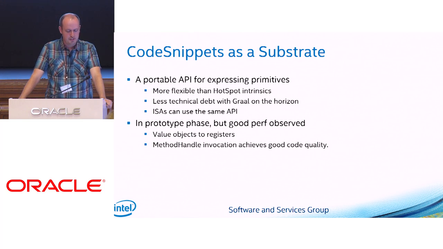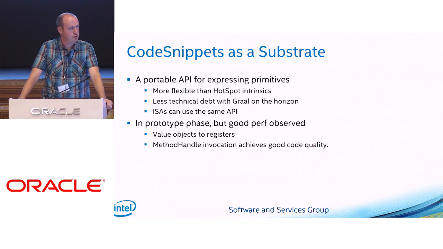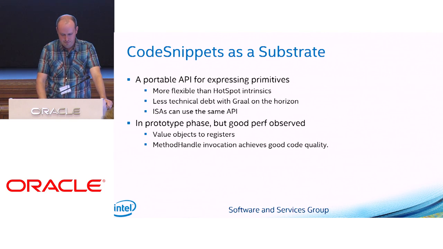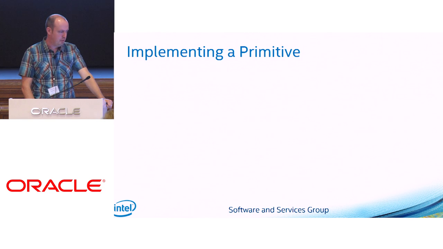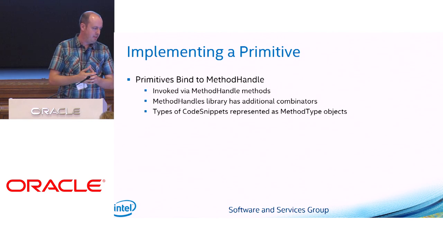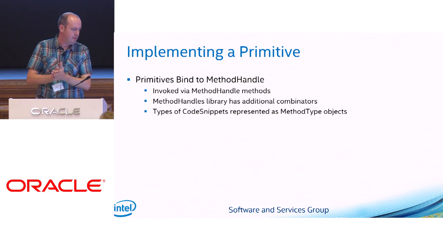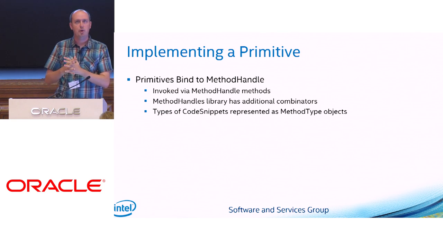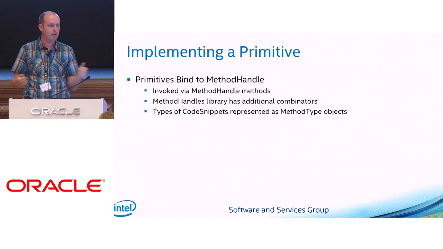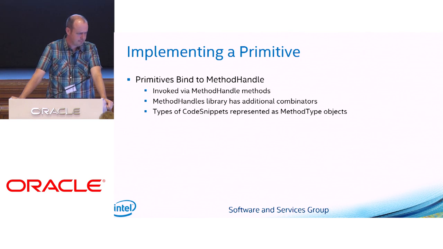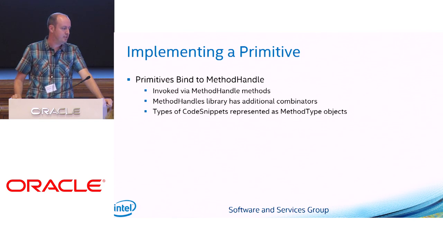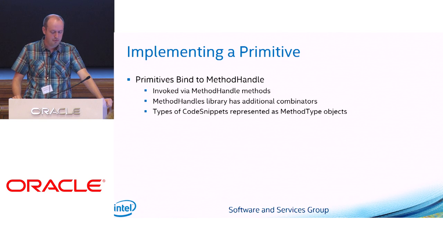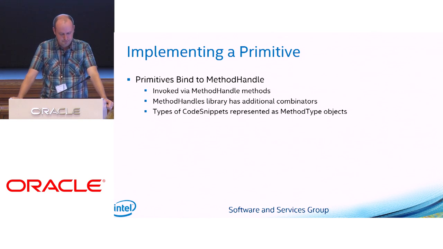Method handle invocations combined with code snippets is a really good approach for inlining and code quality. From my angle, implementing a primitive, like we said, we bind to method handles. The method handles library has additional combinators we can use, whereas in regular Java you just write plain old arithmetic expressions. For invoking things in tandem with each other, or method handles that have data dependencies, you can also use method handle combinators, and that's really handy.